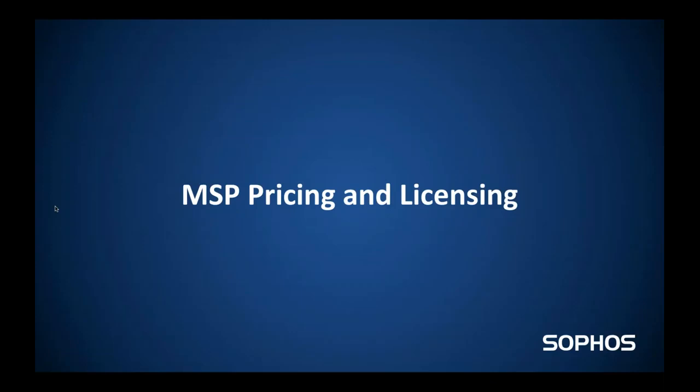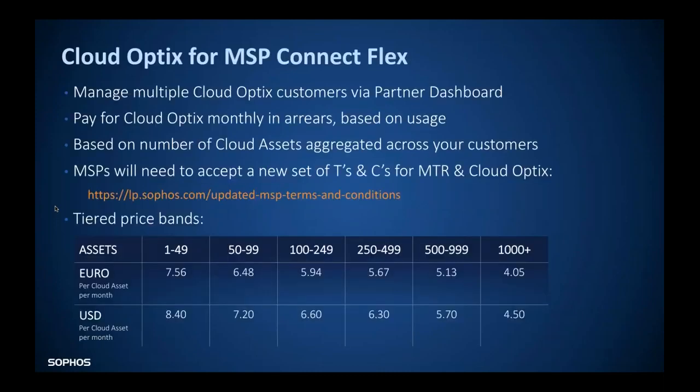I wanted to talk briefly about the pricing and the licensing. First and foremost, the value proposition is the same. You're going to be able to manage all of your multiple Cloud Optix customers via the partner dashboard, as you do today with all of your other endpoint, server, mobile and firewall customers. It is integrated into the MSP Flex billing and the usage file, on the 22nd of each month, for what is being used in arrears.